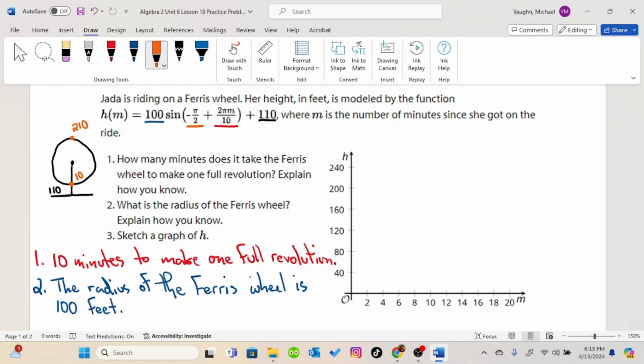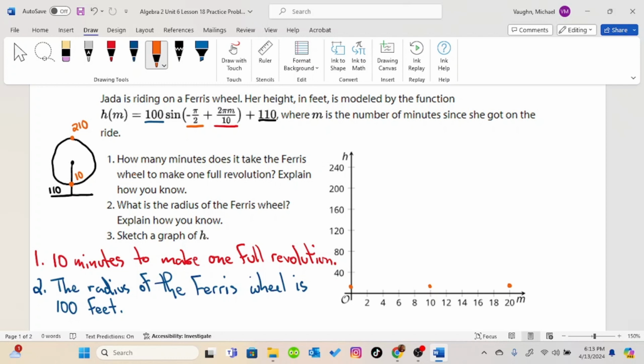So we're going to put our first point at 10. We know that it takes 10 minutes to make a full revolution. So we'll be back at the bottom at 10 minutes, and we'll be back at the bottom at 20 minutes.